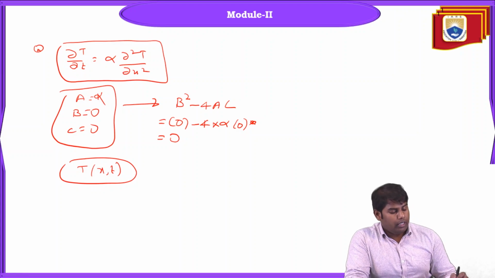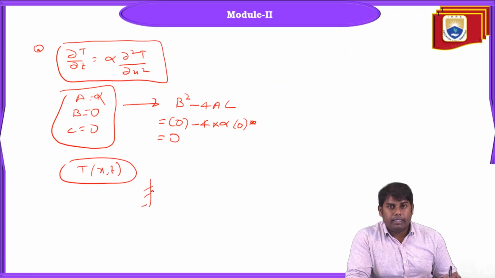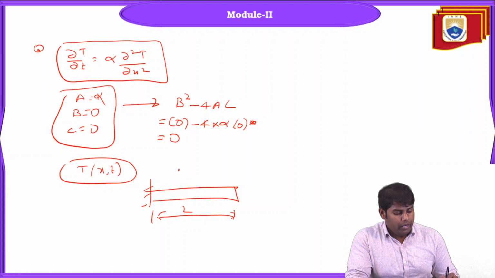As time progresses, let us take this as a rod which has a length L, with station A and station B. What is the value of T at any section you take?